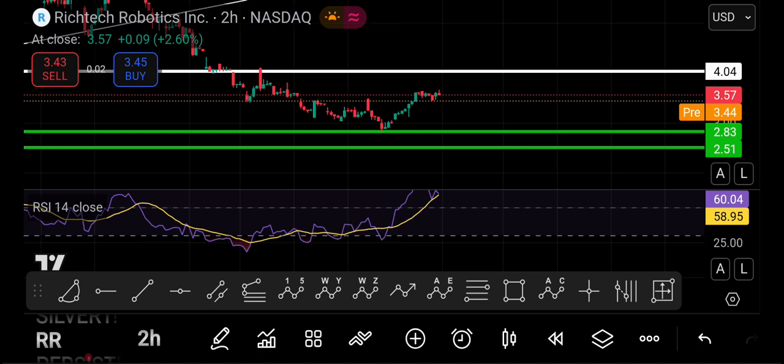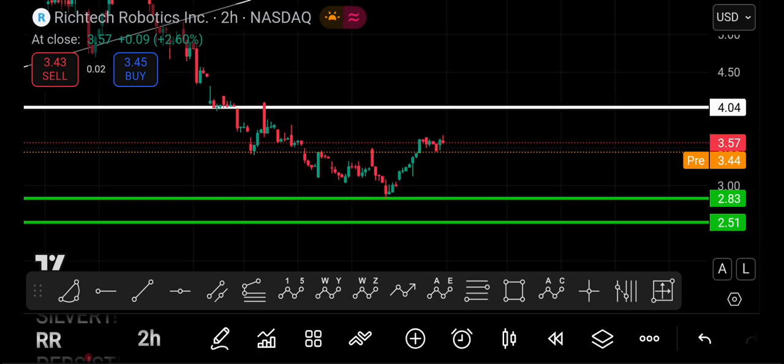So my dear friends, this is the first signal we got, that a positive divergence is emerging on the lower time frame, the 2 hour time frame.